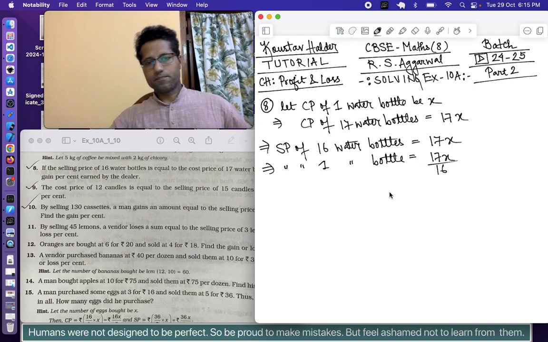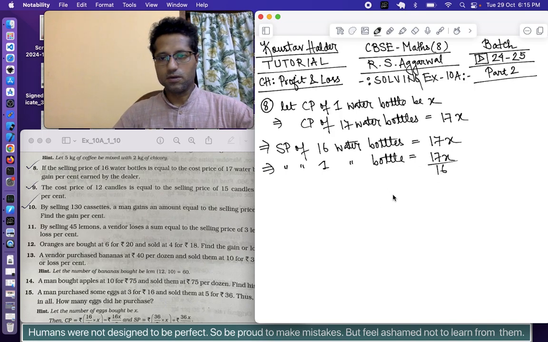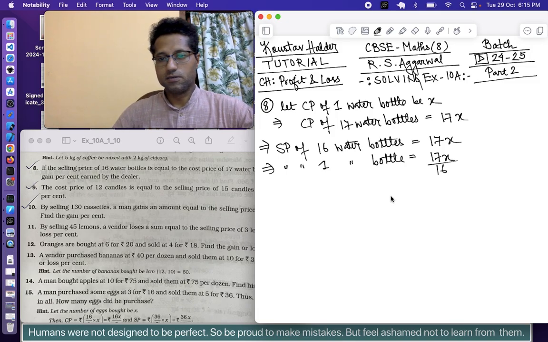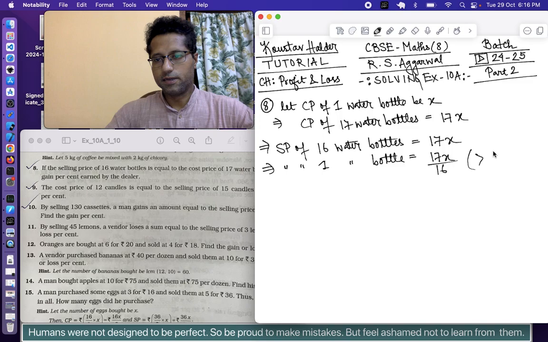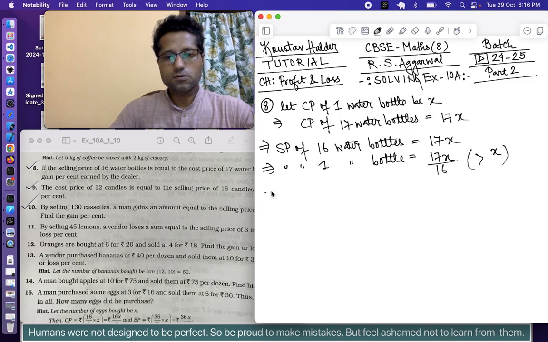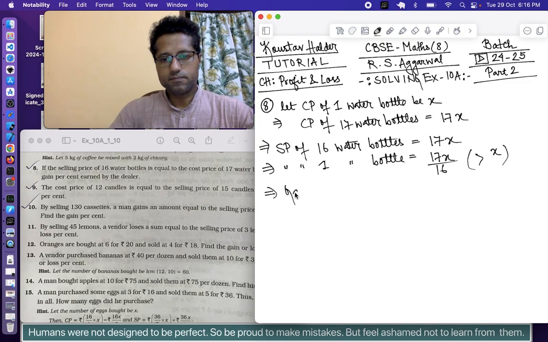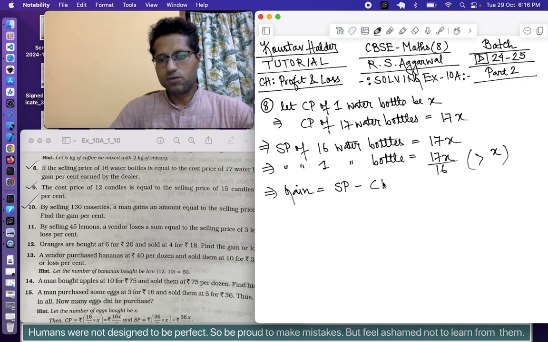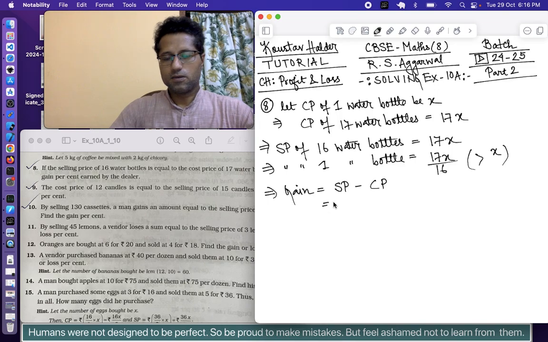So we know that the CP of one water bottle is x, and the SP of one water bottle is 17x by 16. Clearly 17x by 16 is greater than x, so this implies gain. Gain is equal to SP minus CP, based on one water bottle.